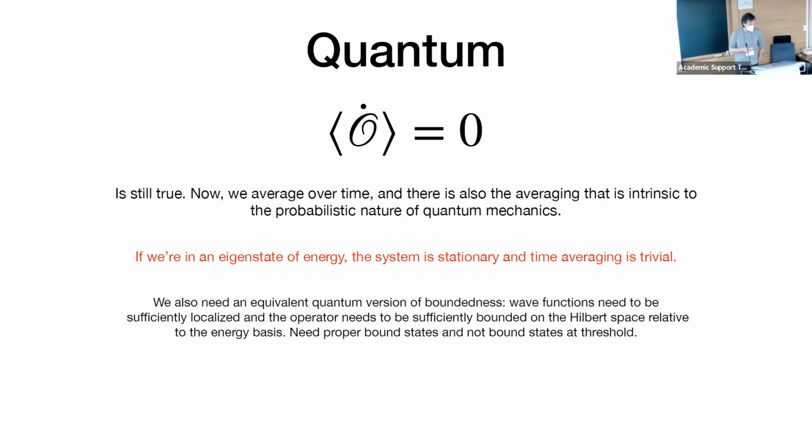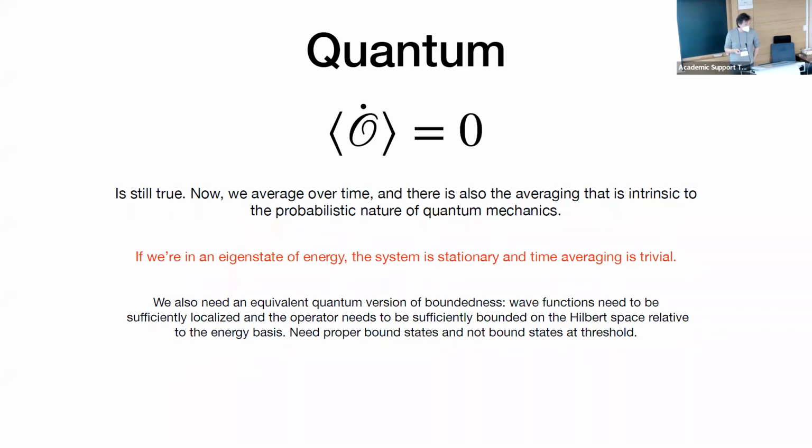Okay. And then in quantum mechanics, there are two averages. There's the averaging over time, and then there's the averaging just over the wave function, the usual averaging that is the probabilistic nature of quantum mechanics. If you choose an energy eigenstate, things don't really change in time. The wave function is in a stationary state. So O dot kind of becomes trivial in the sense that it cannot change in time because the solution of the Schrodinger equation is stationary.